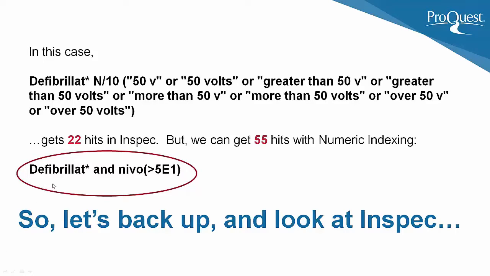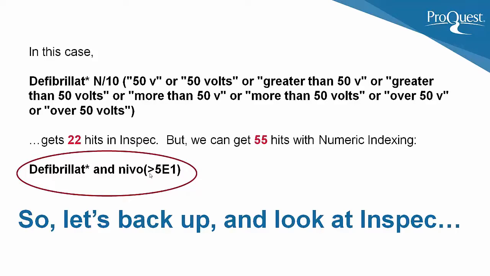Here I have defibrillat truncated and NIVO, and inside the parentheses I have the symbol for greater than 5E1. NIVO is the search field, as you would see in the pro sheet for Inspec. That's the search field for searching on numeric index for voltage.